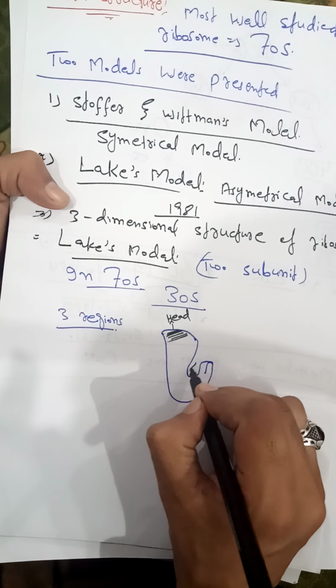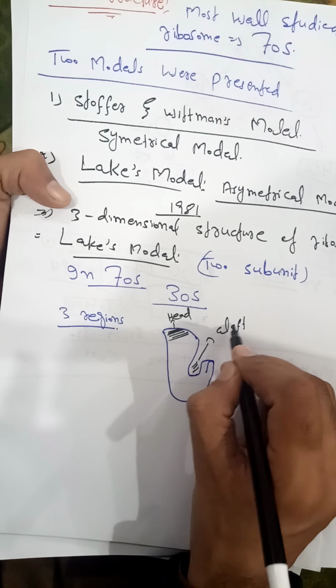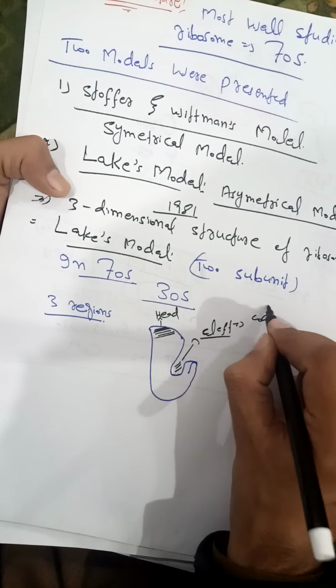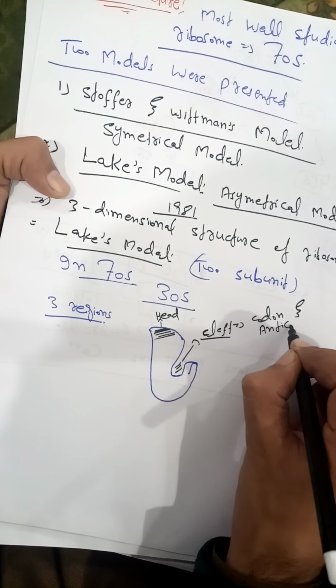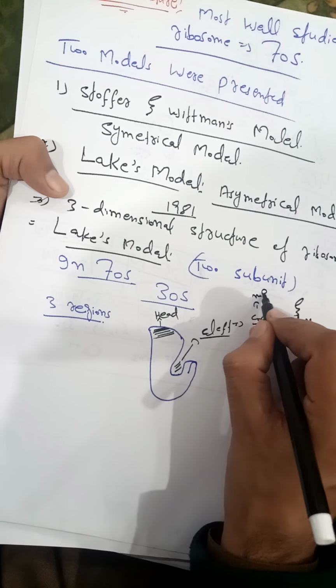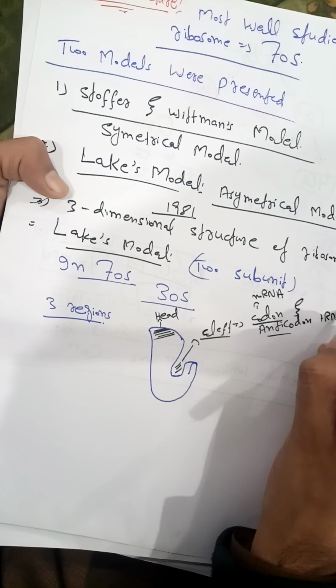This region is the cleft. The cleft is an important region because here the codon and anticodon bind with each other. The codon is present on messenger RNA and the anticodon on transfer RNA.